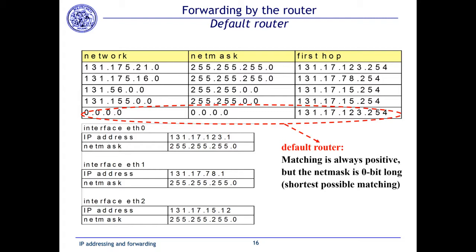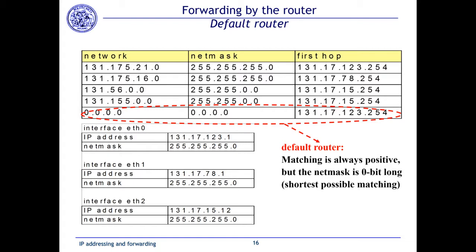But since the net mask is of length 0, this is the shortest possible matching. Okay, so this line will be selected as the winner of the lookup operation only in the case when you don't have any matching in the other lines of the lookup table.